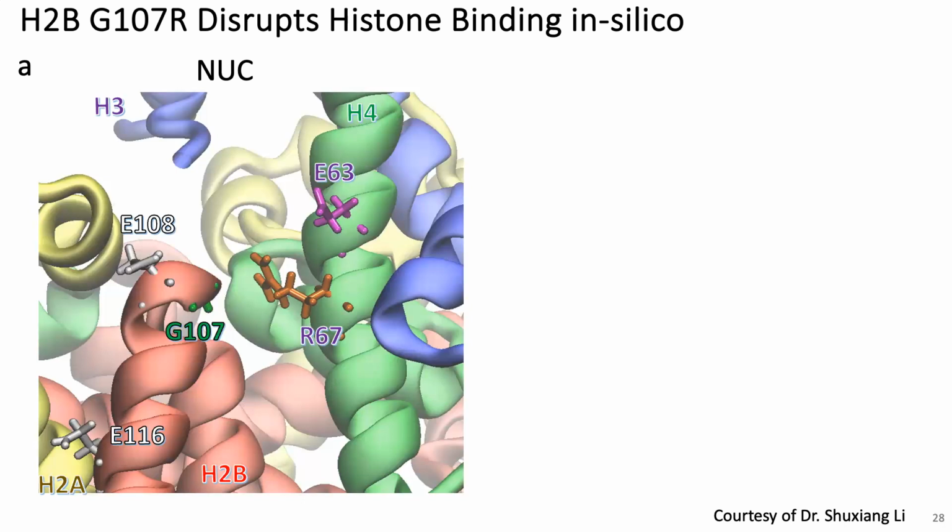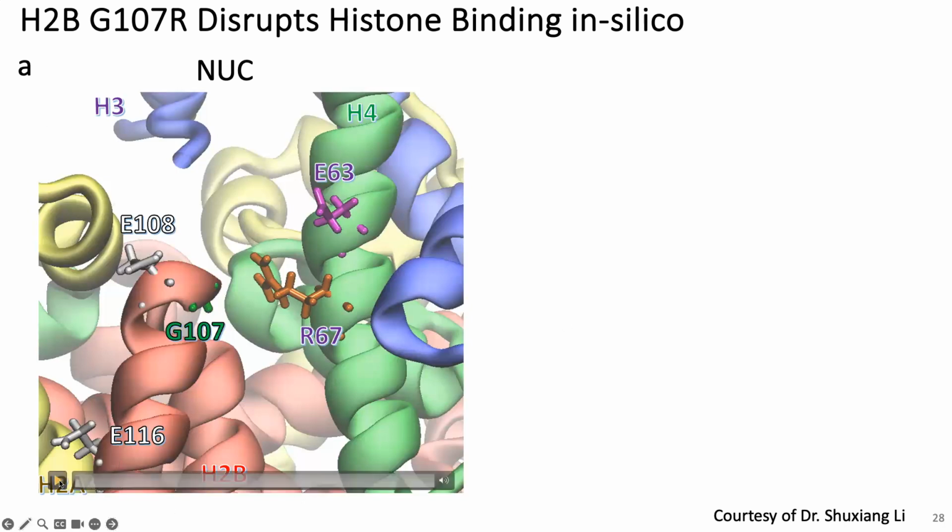What he's been doing is performing a few different physics-based simulations of these mutations within the context of the nucleosome to determine how they differ and how they affect interactions in these simulations. Sorry, let me see if we can play this.